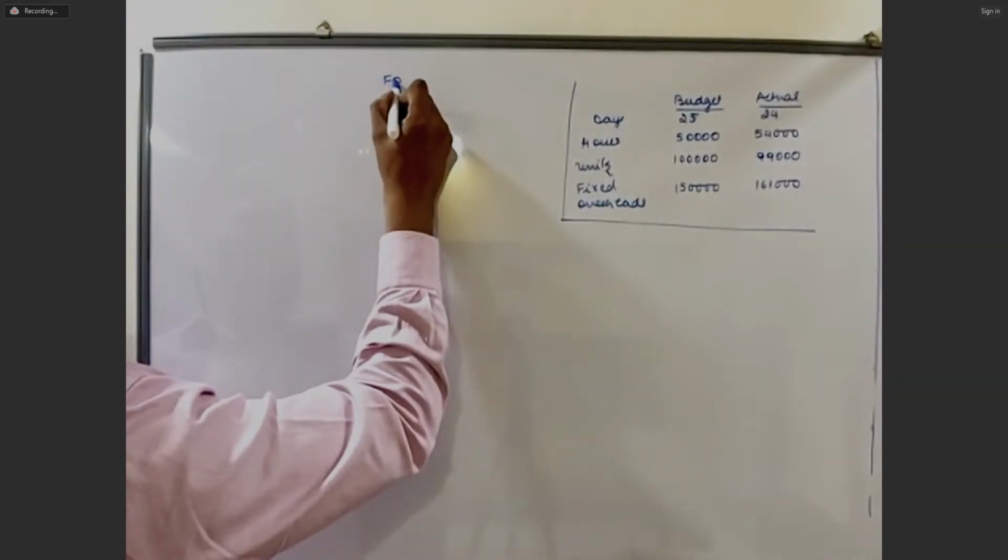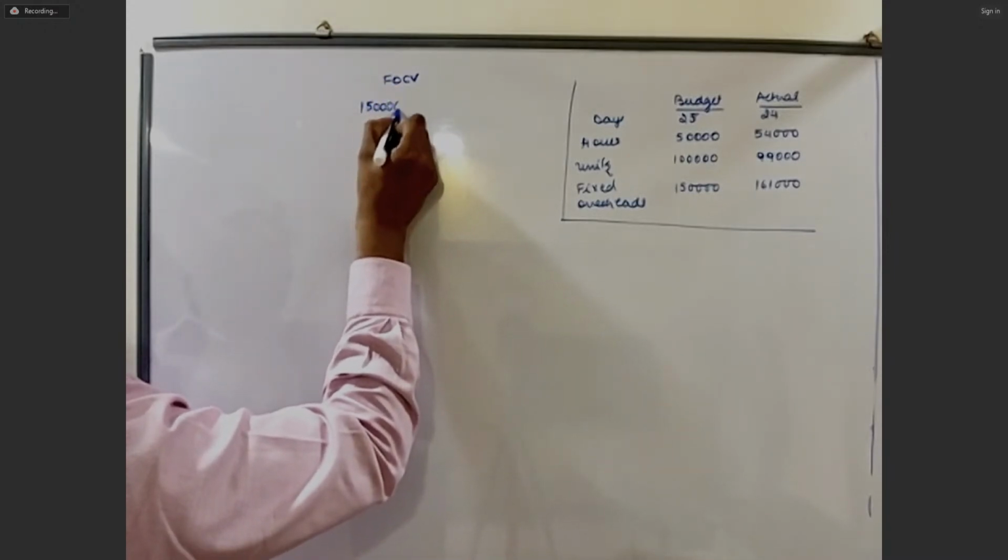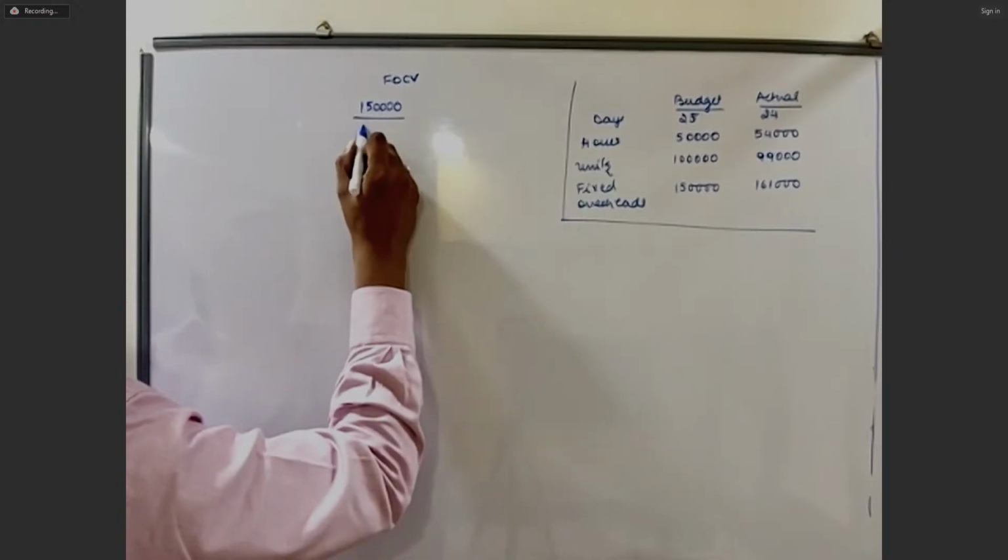So when talking about fixed overhead cost variance, 1,50,000 fixed overheads for 1 lakh units.